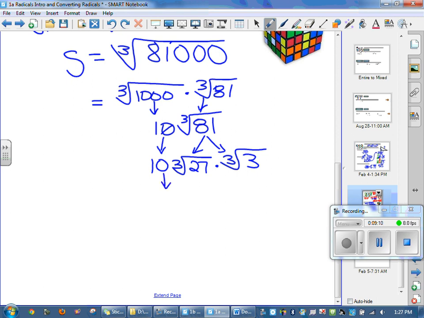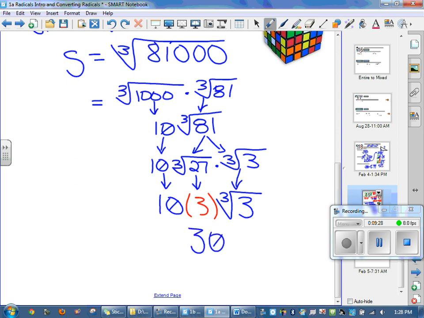The cube root of 27 is a 3. So he also comes down, and then I connect with my cube root 3 that's left over. Now the last step is to multiply my two coefficients, 3 times 10, to give me 30 cube root of 3. And that would be our final answer in simplest form.